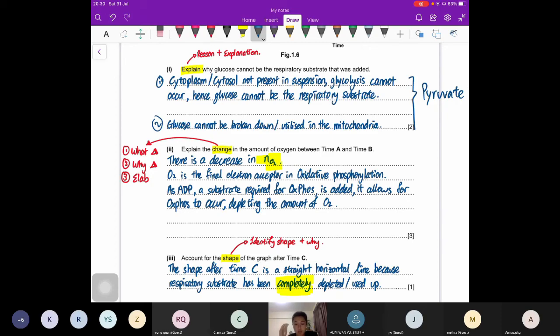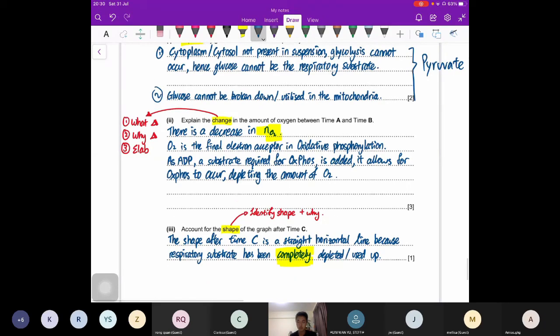Because before that, ADP was not present. If ADP is not present, oxidative phosphorylation cannot occur. If oxidative phosphorylation does not occur, no oxygen is used up, therefore it remains constant. But because at time A ADP was added, afterwards your amount of oxygen decreased.